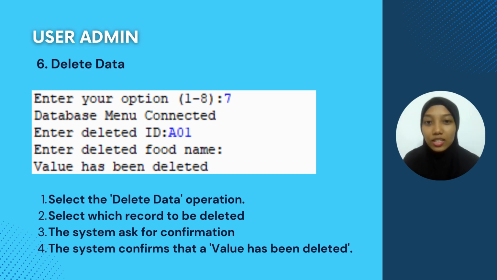And finally, the message value has been deleted appears. This confirms that the data has been successfully removed from the database table. And I will show the process of the output.